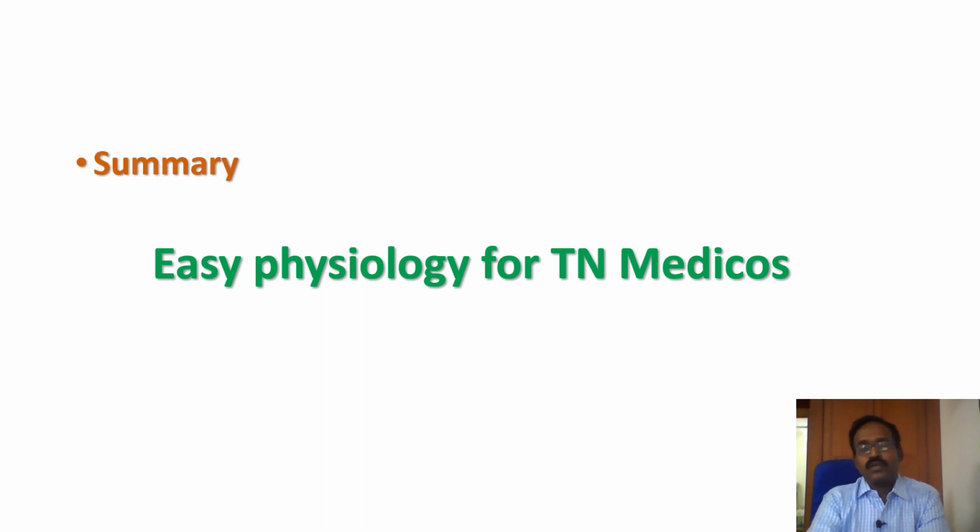Summary of coronary circulation. Coronary circulation is important because it supplies the heart, especially through the left coronary artery and right coronary artery. It supplies 250 ml of blood per minute, or about 85 ml per 100 gram per minute.